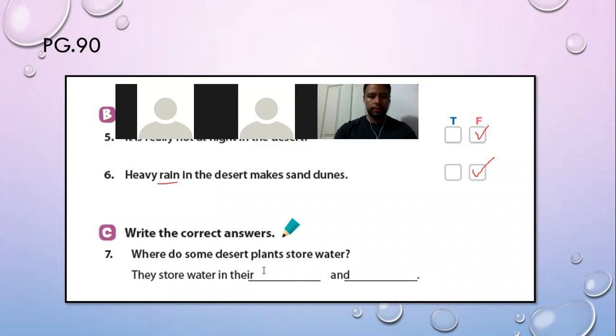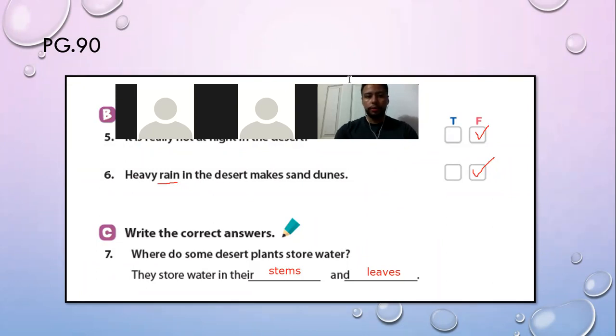Stem and leaves. Exactly, those are the missing words. Thank you, guys. All right. So you can copy. Where do some desert plants store water? So keep water, collect water, in simple words. They store or collect water in their stems, like cactus, and leaves, exactly.